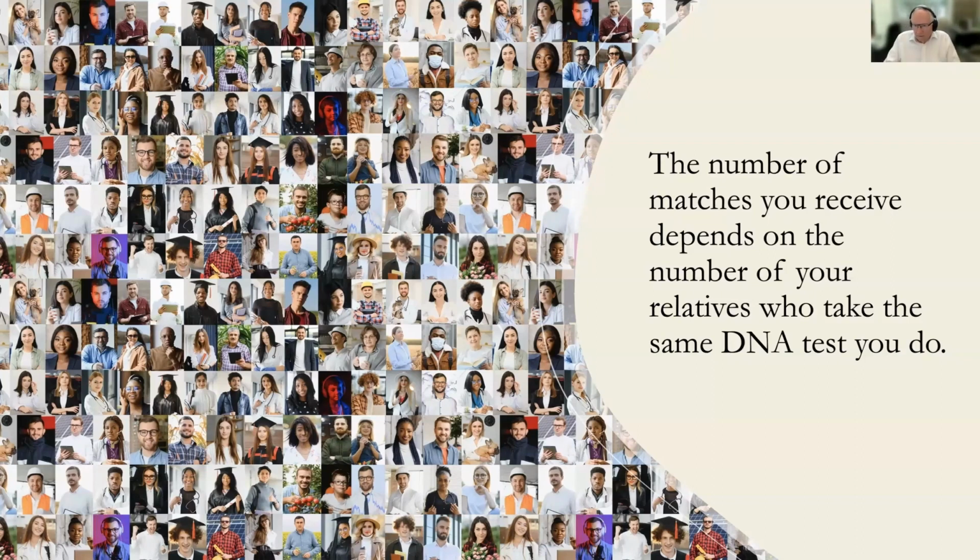And so there are going to be people related to me in other parts of the world. But on the other hand, you're not getting a whole lot of information from that, even though you find that person. They may not have a tree. You both may not have a tree that goes back to the people where the DNA relationship originates.